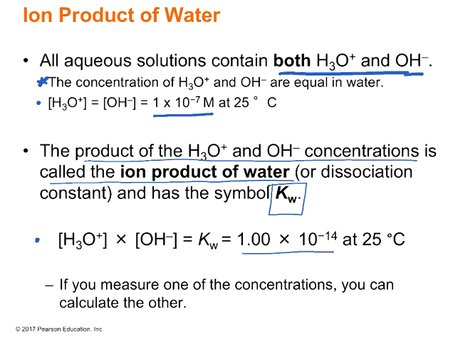Now, what's great about this ion product constant is we can use this in other situations where maybe the concentration of hydronium ions is not equal to the concentration of the hydroxide ions. So this constant is true for every solution. So even if hydronium ions are present to a greater extent in solution, that just means that the presence of the hydroxide ions will be smaller.